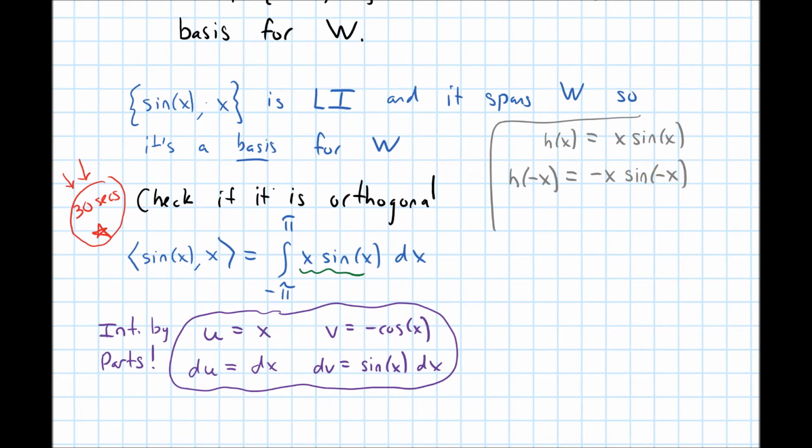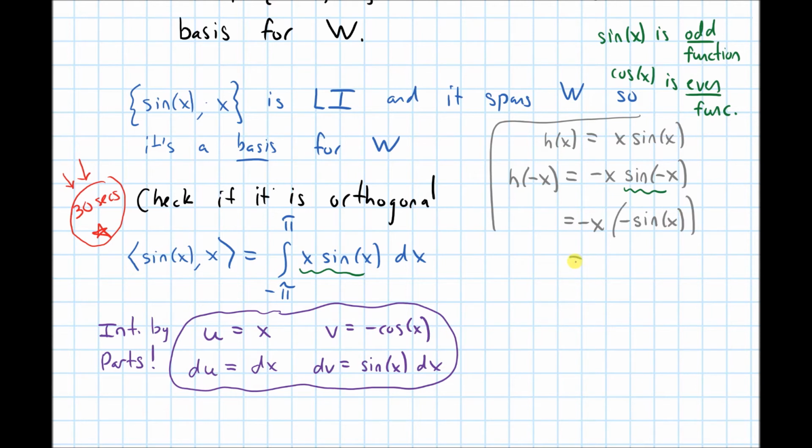But sine is an odd function. And just to review a little bit, cosine is an even function. So we have the negative x in front, but sine of negative x, because it's an odd function, will be negative sine x.